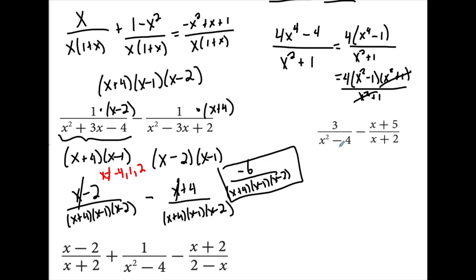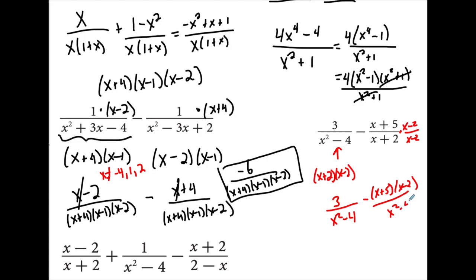All right, now here's an interesting one. So x squared minus 4, I need to immediately factor that. That's x plus 2, x minus 2. That is a difference of squares. So it looks like I just need to multiply this one by x minus 2 on top and bottom, and I'll get that. So that means this one stays the same, and this one becomes x plus 5, x minus 2 over x squared minus 4.